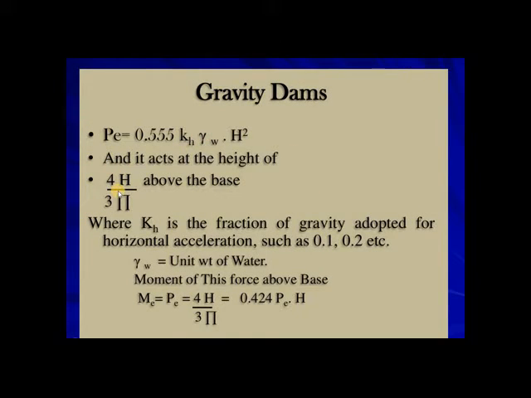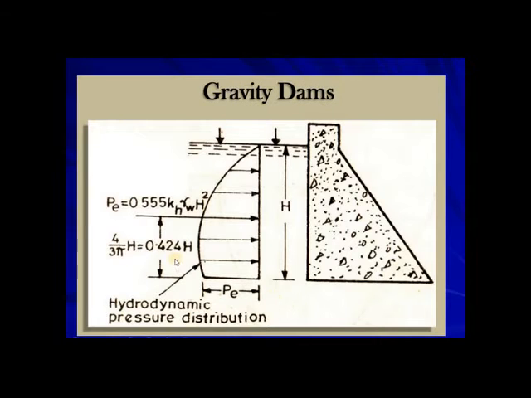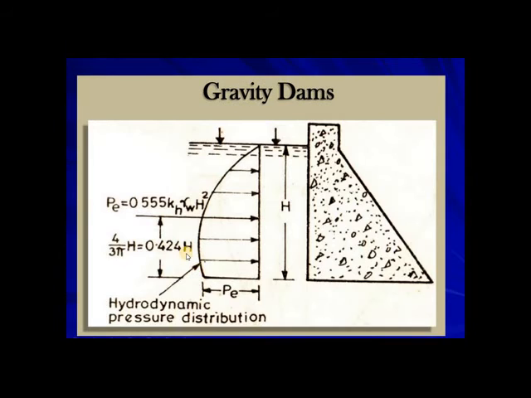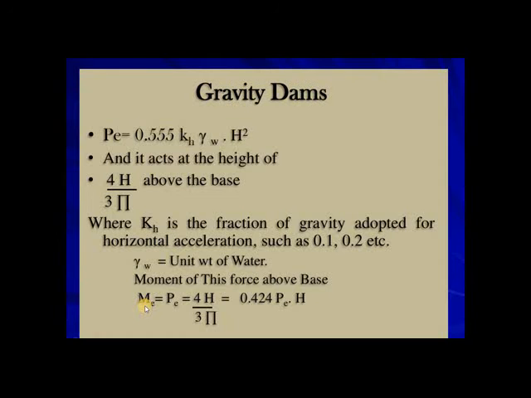It will act at this height from the base, where kH is the fraction of gravity adopted for horizontal acceleration, 0.1 or 0.2, as we studied for kV. Gamma W is the unit weight of water. This force will act at the base, PE into H. So the moment will be equal to 0.424H multiplied by PE. So the moment of this force is this one.